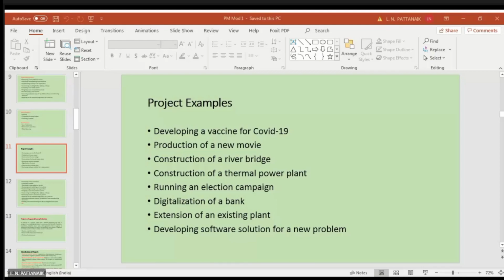Okay. I'll try to remember these names at least. Sagar Kumar. Can you give some example of a project? You are taking very good advantage of online class.